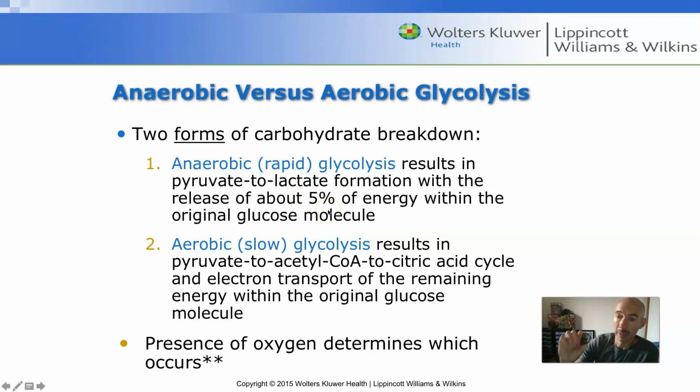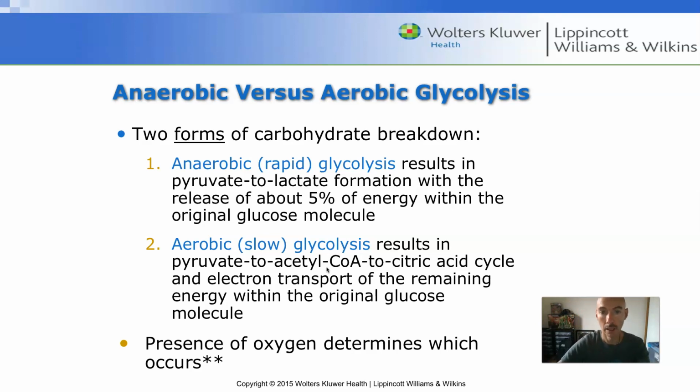If we're running a little bit under our top speed, though, we're still relying on glycolysis, but there is still some oxygen getting to our muscles, right? So rather than pyruvate converting to lactate, if oxygen is available, pyruvate can be converted to acetyl-CoA, which then goes on to oxidative phosphorylation, right?